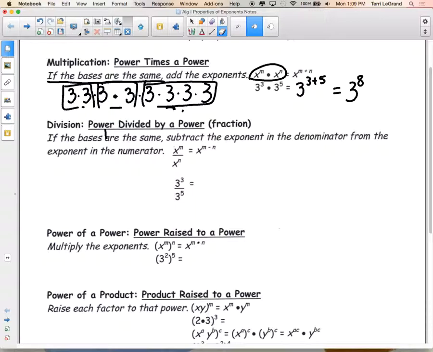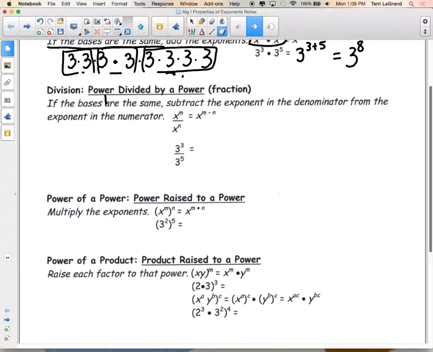So when we have a fraction, or in other words, our numerator and our denominator are powers in this fraction, what can we do? Again, I ask you to underline if the bases are the same. You can only apply this property if the bases are the same. You can't otherwise.